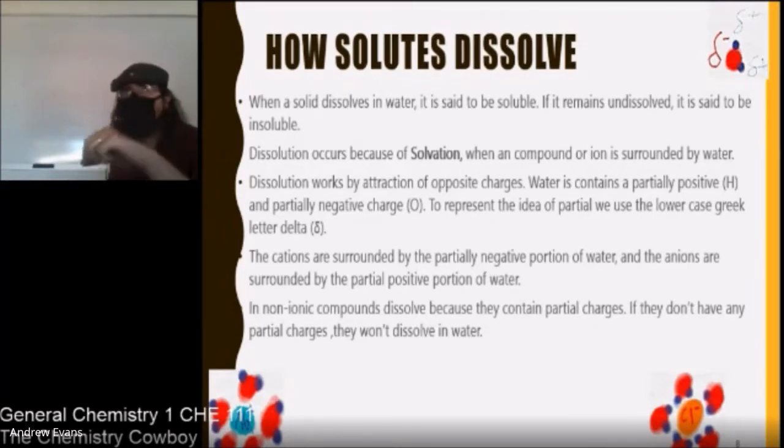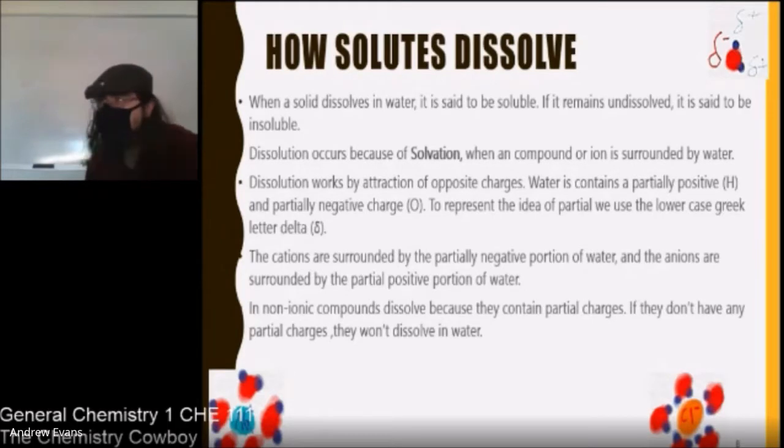But if you were to cut it up smaller and smaller and smaller, eventually you'd get to a point where you couldn't see the salt crystals you're cutting. That's the same concept when we're dissolving something. Water is cutting the salt crystals up into smaller and smaller pieces till we get to individual atoms. And each individual atom is surrounded by dozens, if not hundreds, of water molecules. What we're seeing is just the water, and the salt's still there, but it's so far separated that it's no longer visible to the naked eye.